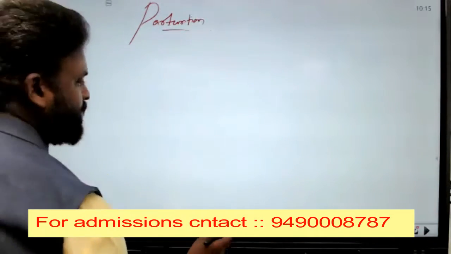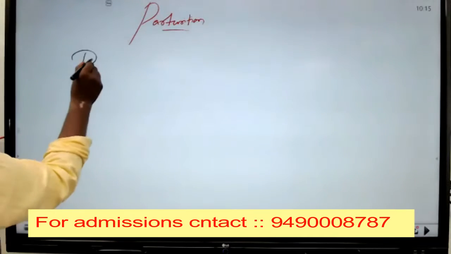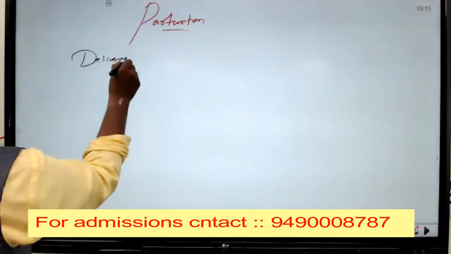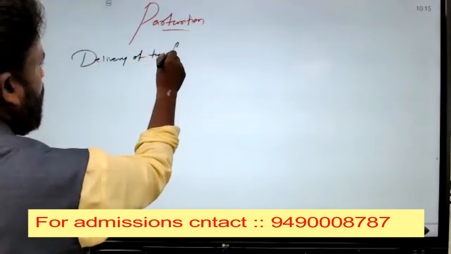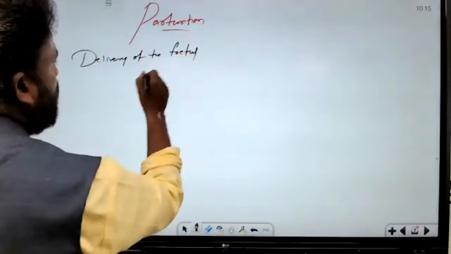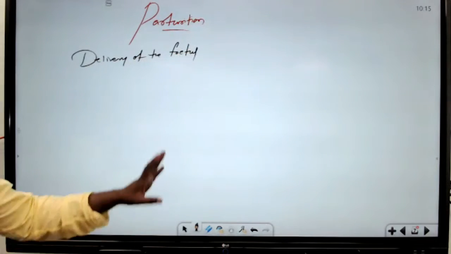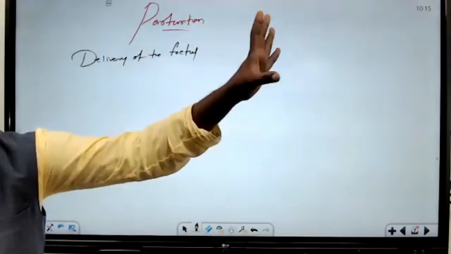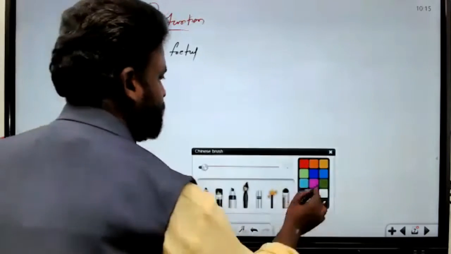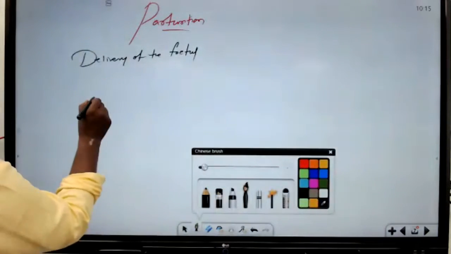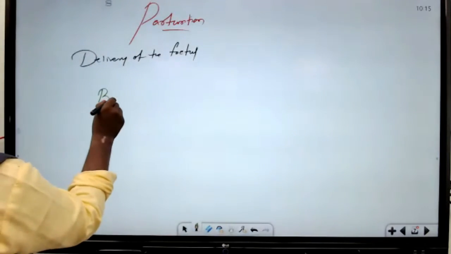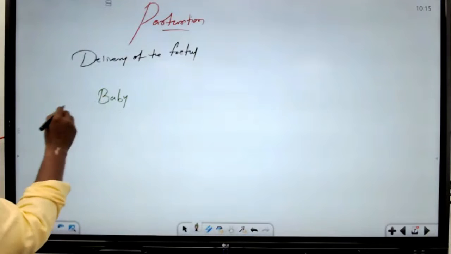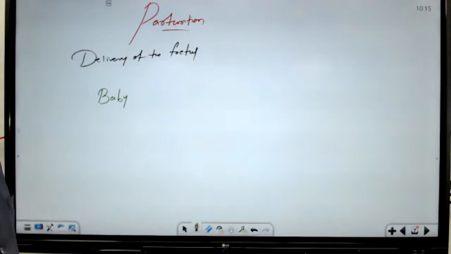Tell me the meaning of parturition. Delivery of the fetus is said to be parturition. How does it occur? Listen to me. Here we are talking about a fully developed fetus or baby, right?